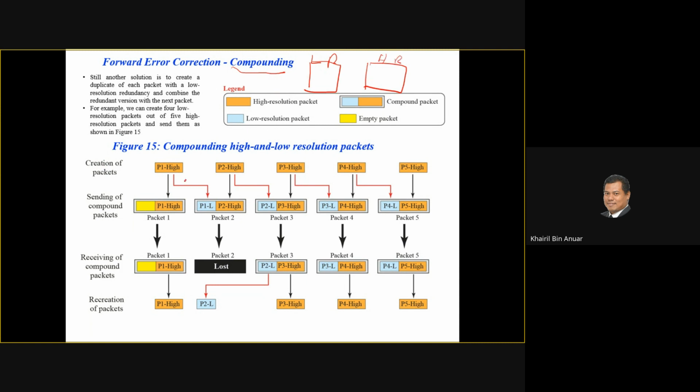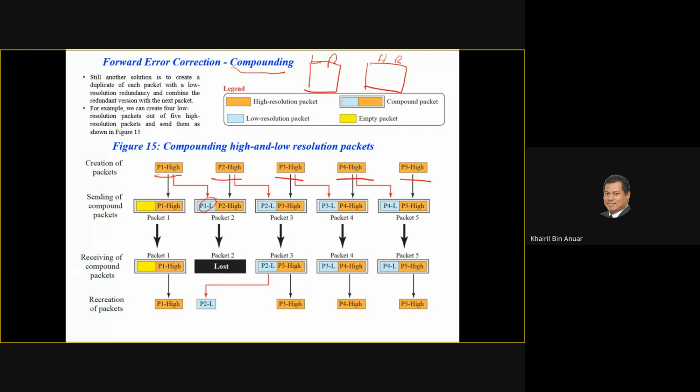What we do is we tend to have both the high and low resolution of your YouTube video, for instance. We start with all the packets using high resolution. So you have P1 until P5 with high resolution, and then you also send on the second packets the low resolution.